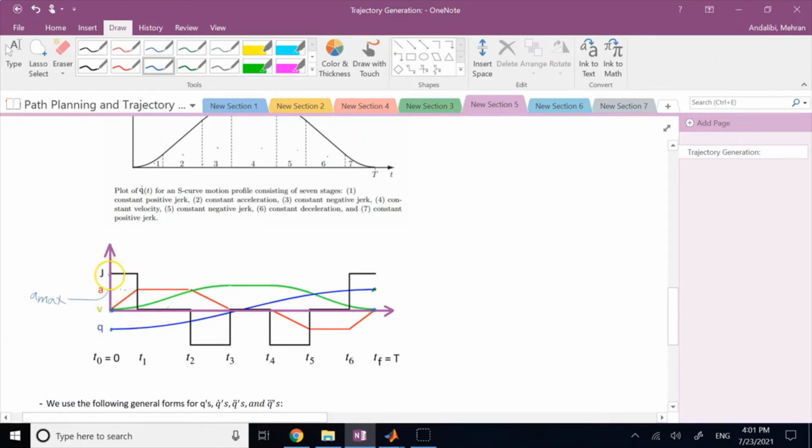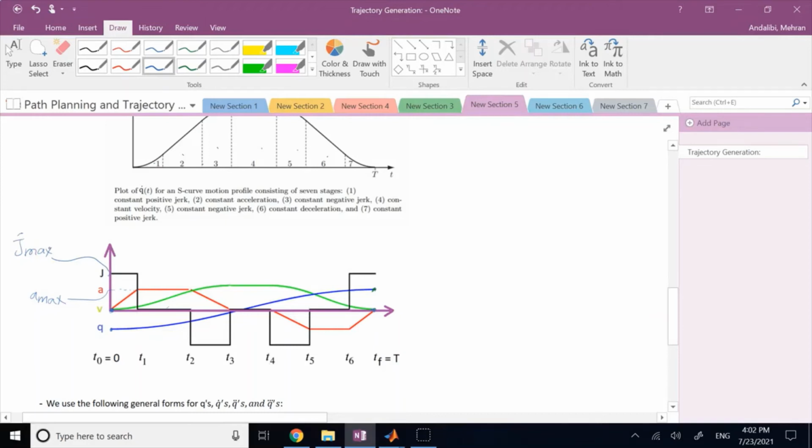And you also have another parameter to choose, and that is maximum jerk: how much jerk your system can tolerate, how much impact it can tolerate without mechanically failing. So Vmax and Amax come from your actuators, Jmax comes from your physical system, really.